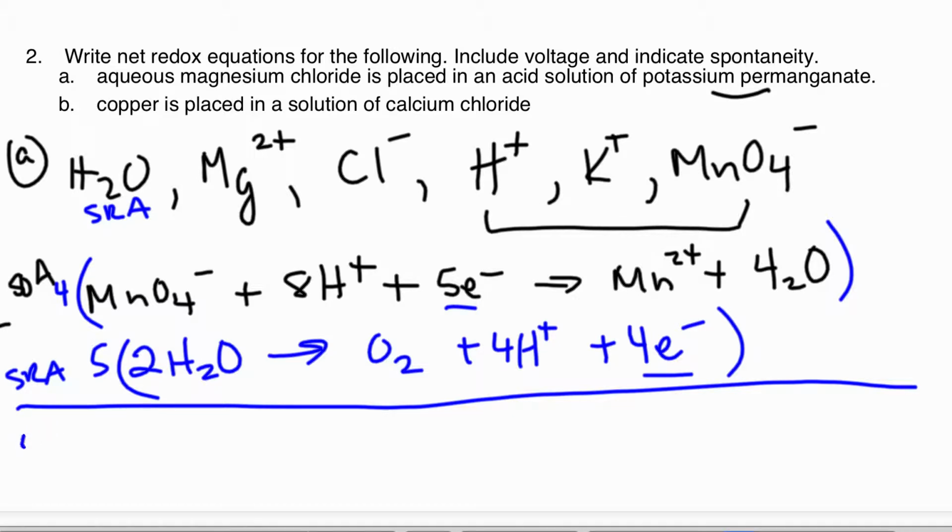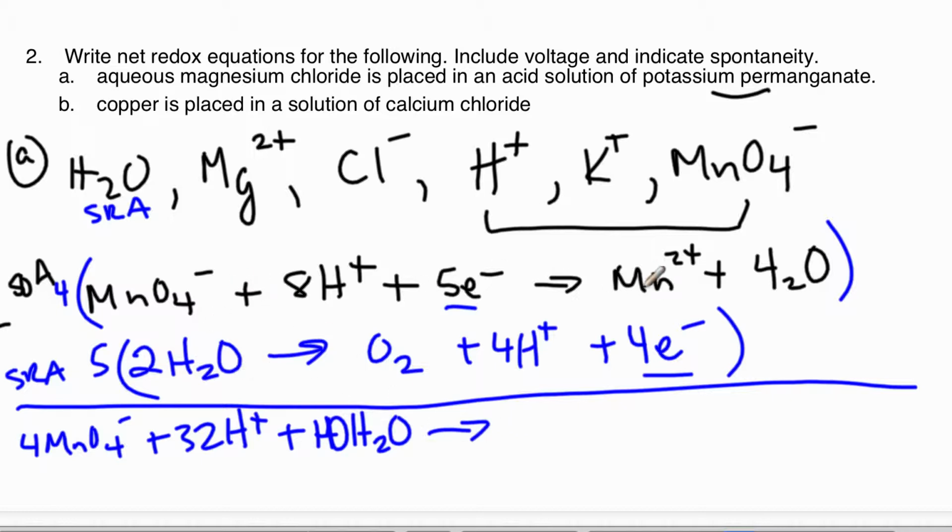Okay, so I'm going to have 4 MnO4 minus. 4 times 8 is 32 hydrogens. I forgot my minus there. 20 electrons, those will cancel each other. And then 5 times 2 is 10 waters. That's all on the left side.